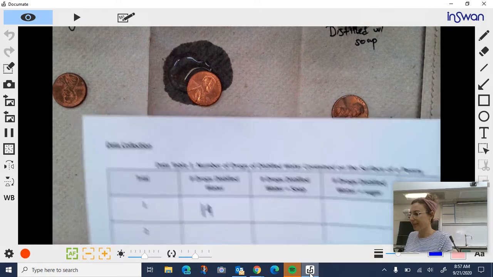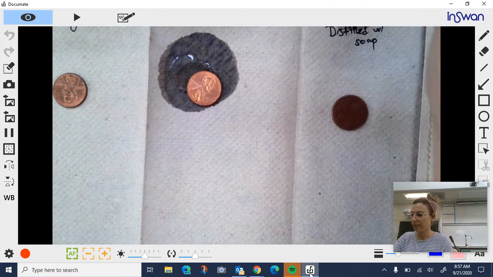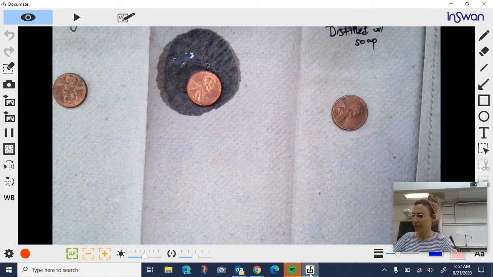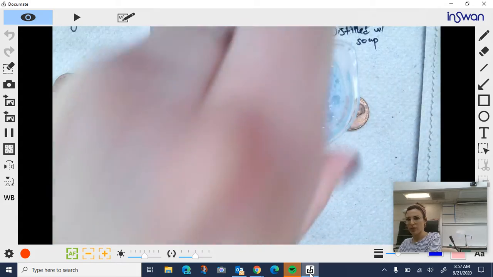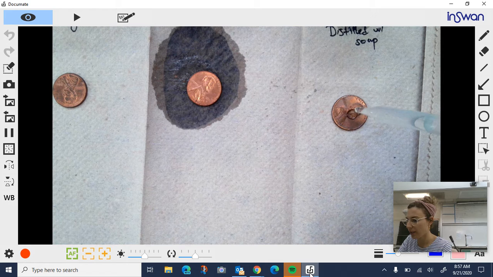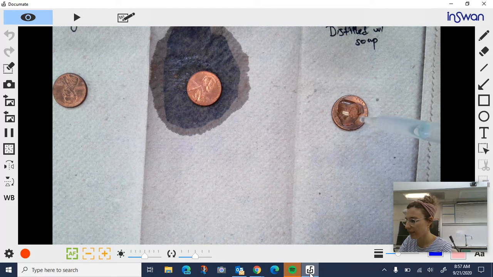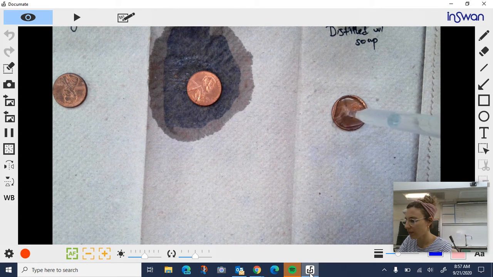So let's move on to our drops of water with soap. Just to show, this is from my soapy mixture. 1, 2, 3, 4, 5, 6, 7, 8, 9, 10, 11, 12, 13.